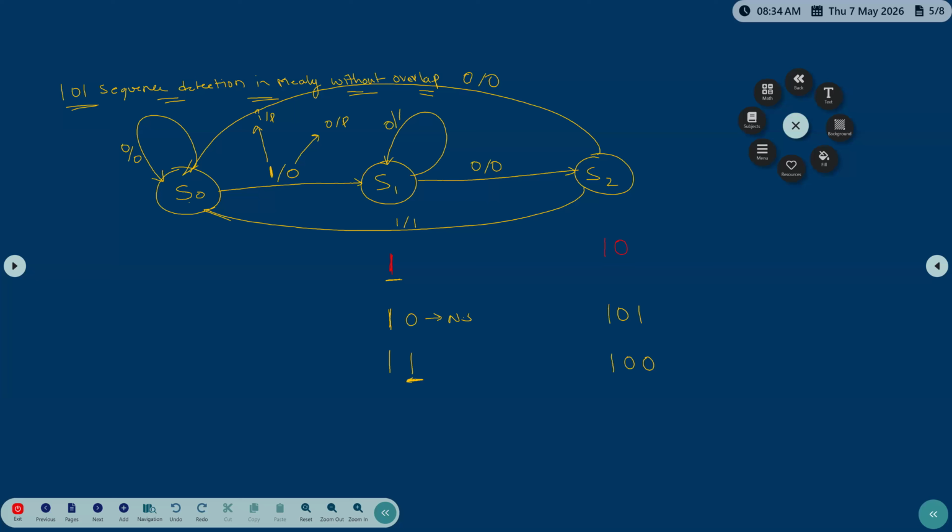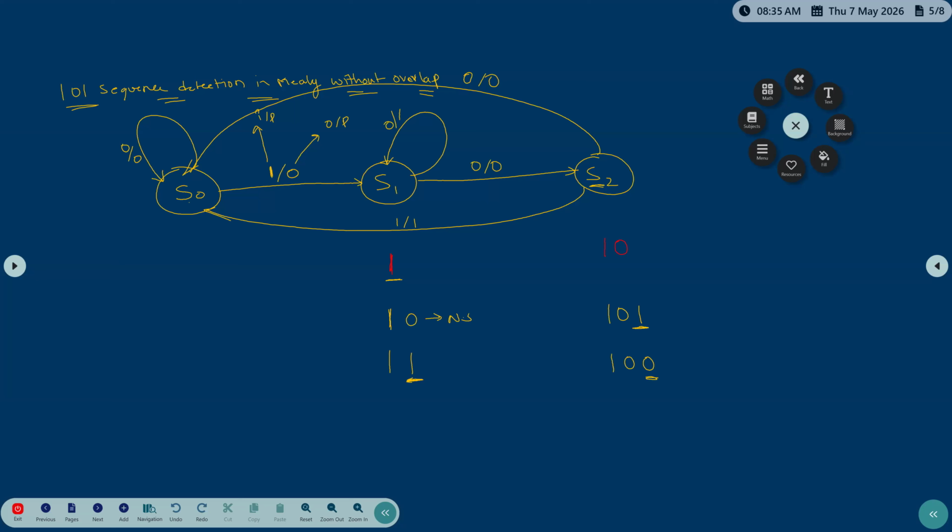But when it comes to S2, in the non-overlapping case, even if we get 1 or even if we get 0, we'll go to the reset S0.